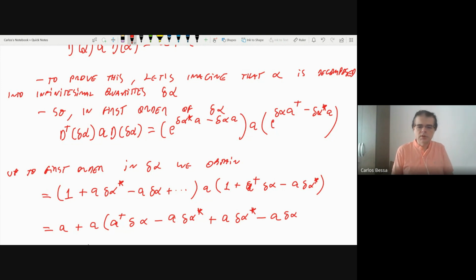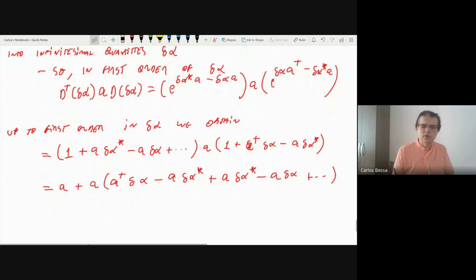I think I'm missing a dagger somewhere here. But okay, you guys can check this is really right, okay? Just a step here. Well, maybe it's right this way. You guys can check, it's easy. It's just to multiply this I'm giving here.